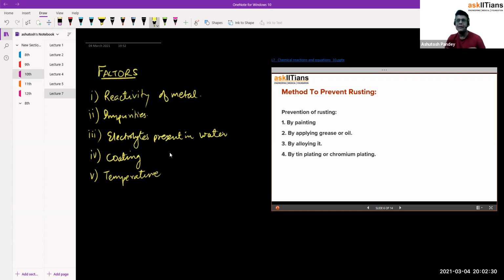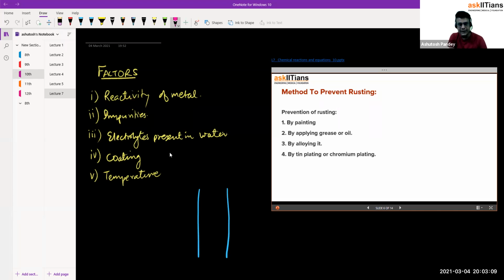First is by painting. We used to see iron doors and anything made of iron with a coat of paint on the surface, just to cut the oxygen off the surface. That's how we can prevent rusting. So it is done by painting or by applying grease or oil. Let me draw this. Let's say this is an iron surface.